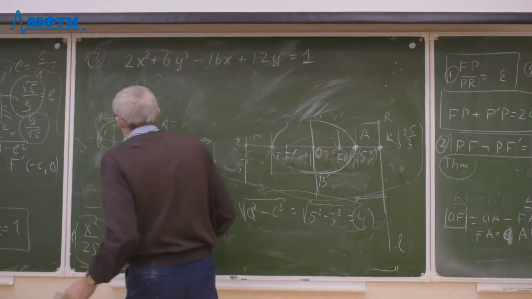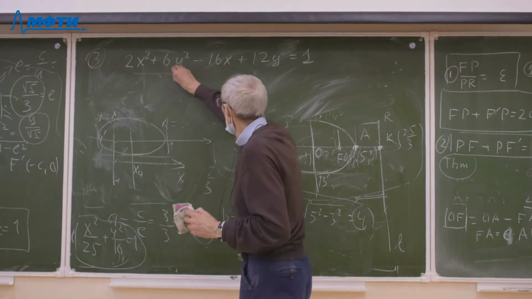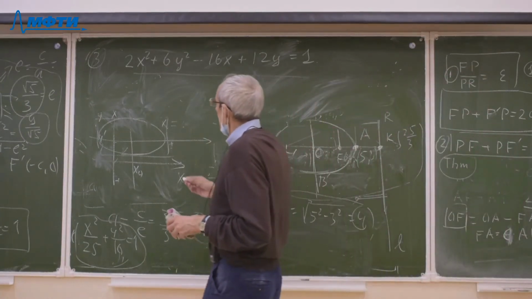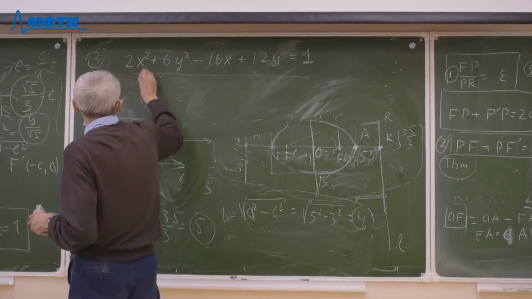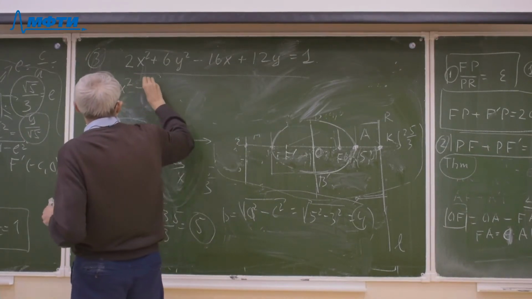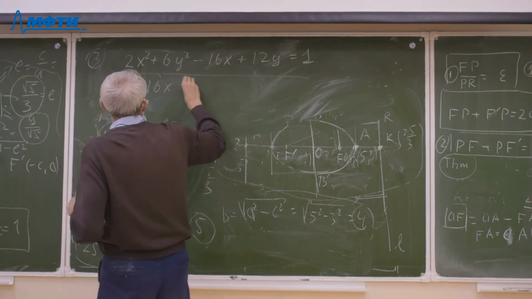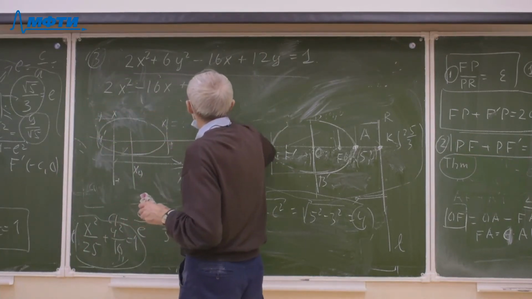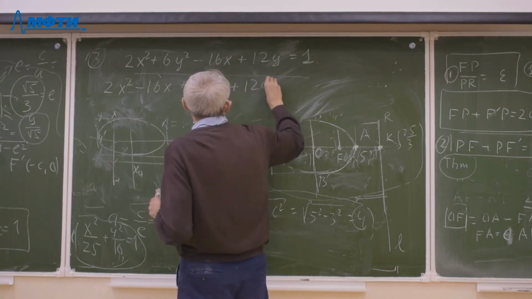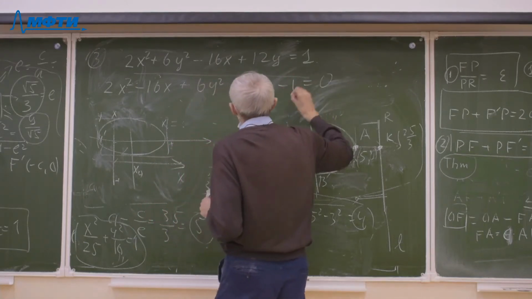We must transform this equation to the canonical form. Let's write this equation in the following form: 2x squared minus 16x plus 6y squared plus 12y minus 1 is equal 0.